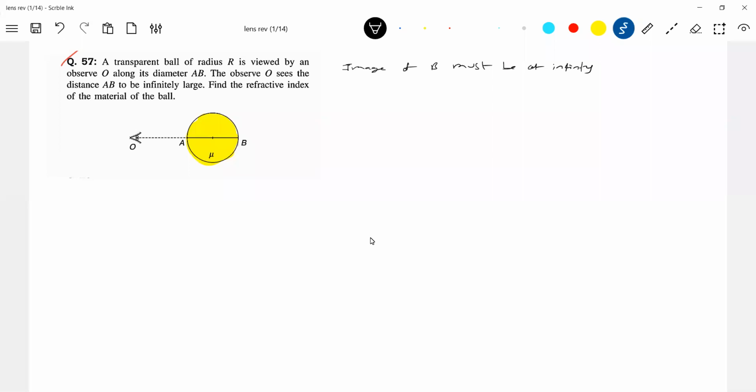Let the observer be very near A. At what distance will B be? B will be at a distance 2R. The observer O is along its diameter, so we'll assume that.